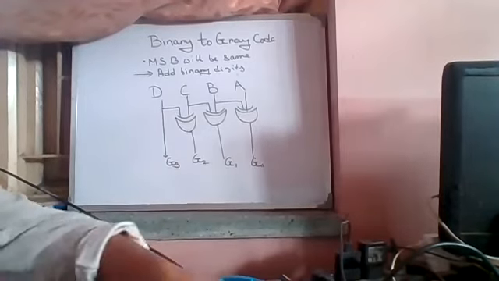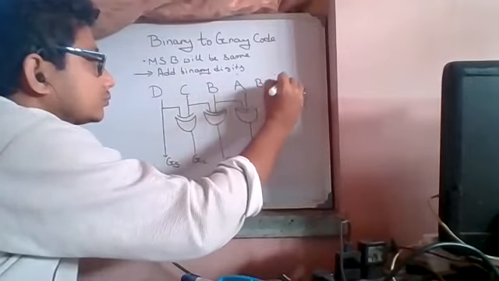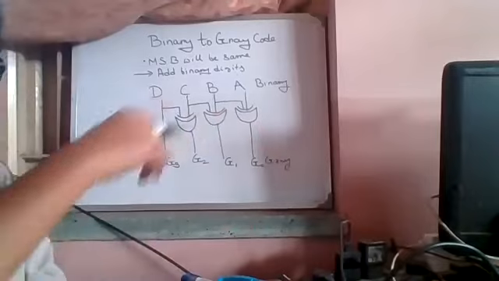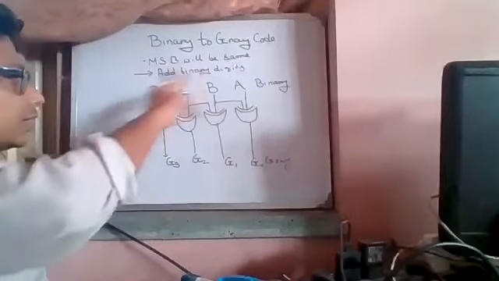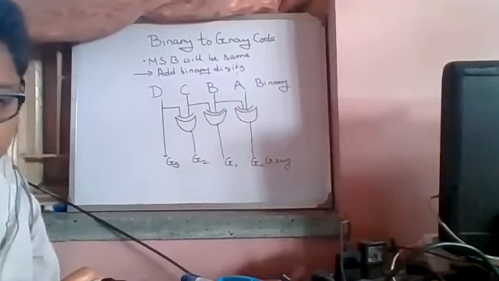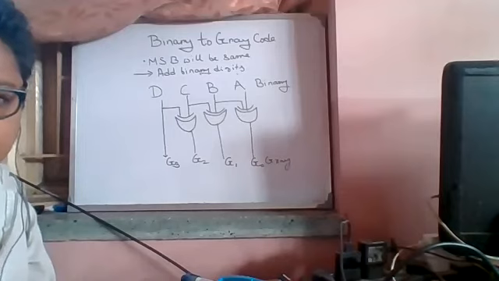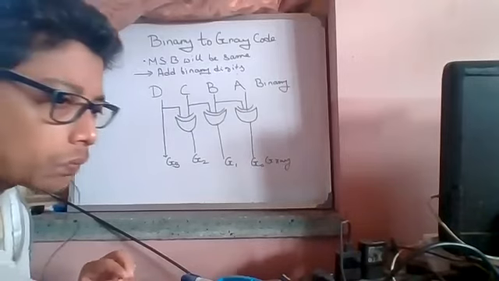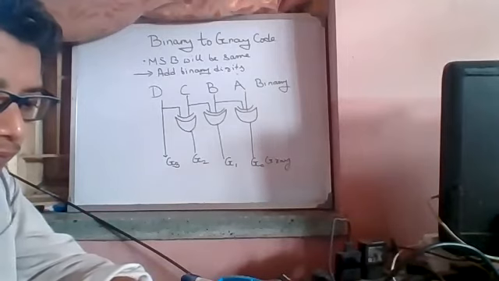You can check it. This is binary, and this is its corresponding Gray code. Take any number, just check it. It will give you the Gray code. Is it okay? Is it fine? Are you getting me? It's okay, sir. It's okay now.